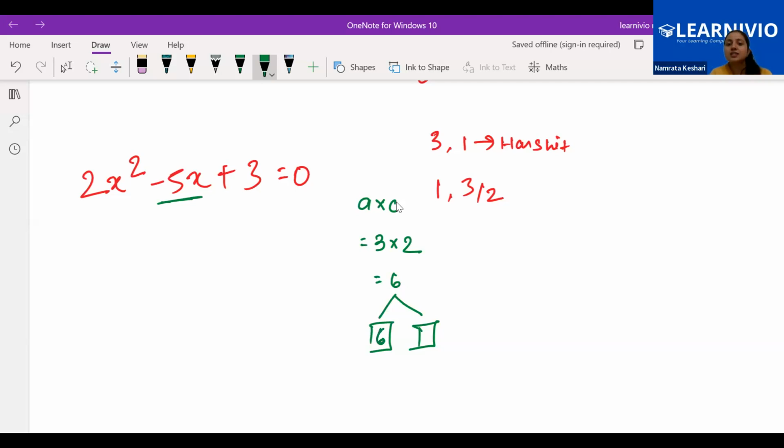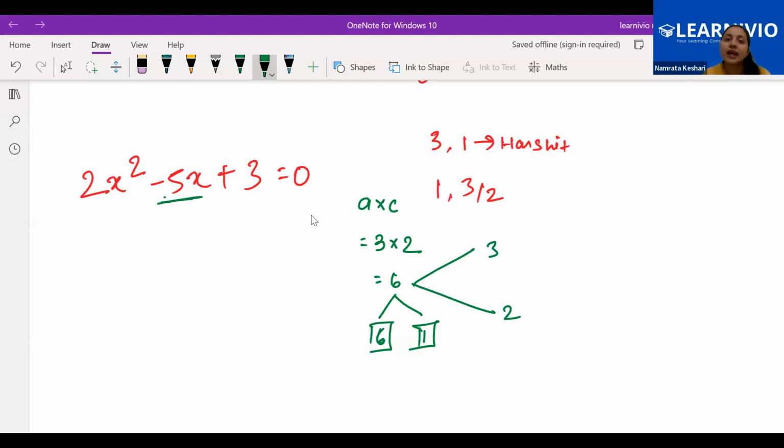We can understand 6 and 1 will give the 5. 3 and 2 can also give the 5. So we need to check which possibility is working here. Two cases we are getting: one is 3 and 2, another is 6 and 1. Any one of them we will take, and later we will realize that while taking the common factor, both the brackets are not coming out the same.